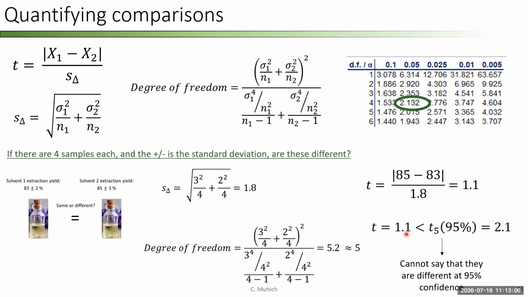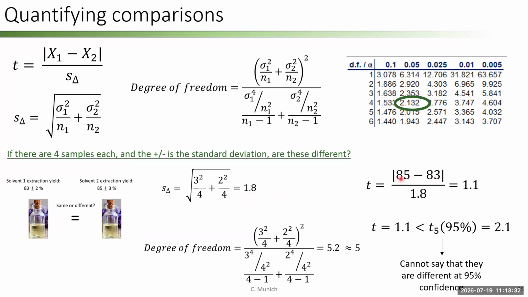Let's do the same thing, but with the 2 different solvents. One which had 83 plus or minus 2% yield, and one that had 85 plus or minus 3% yield. In this case, our S delta is 1.8, but our averages are much closer together.